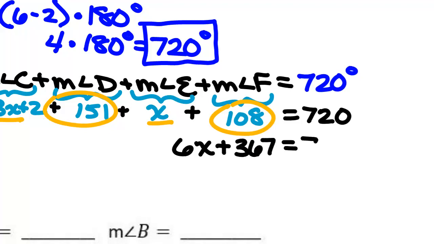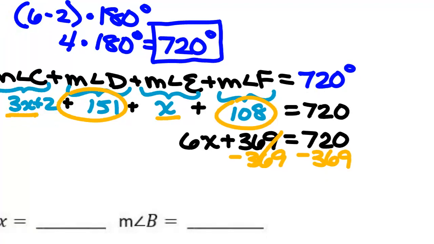I'm adding it in my head here. 369, okay. Like I said, I'm adding in my head. 369, there we go. Then we subtract 369 from both sides.